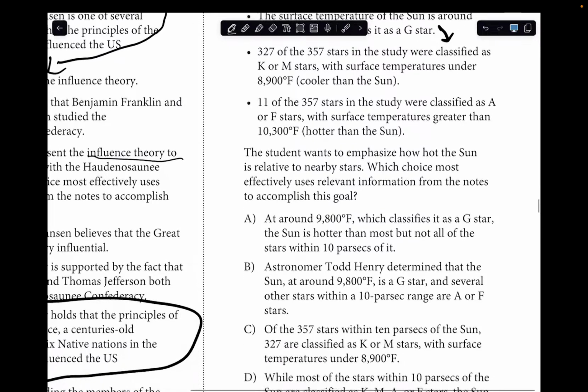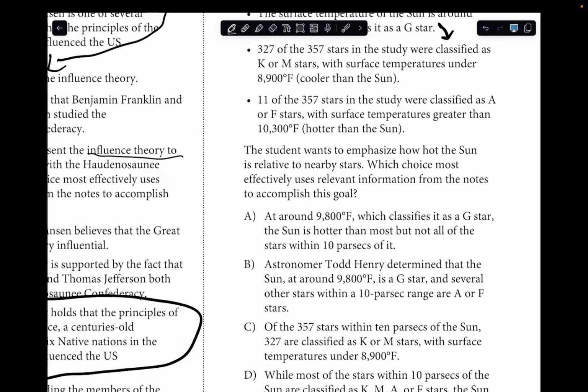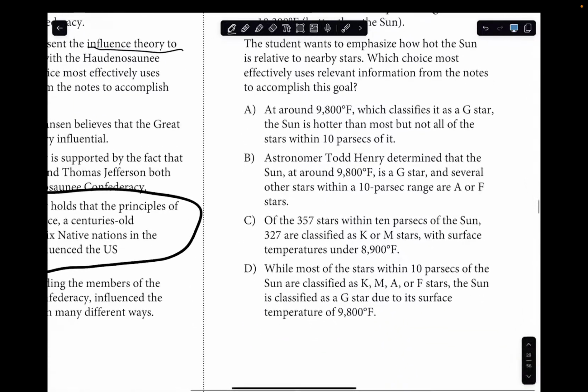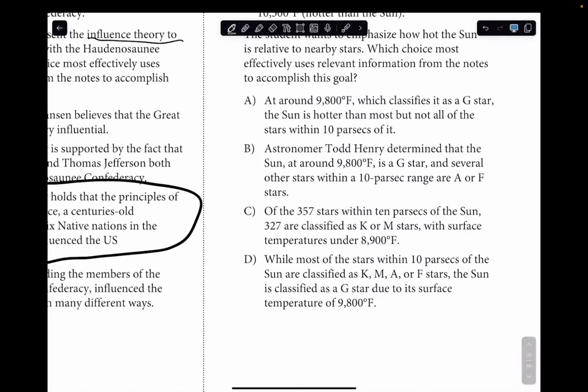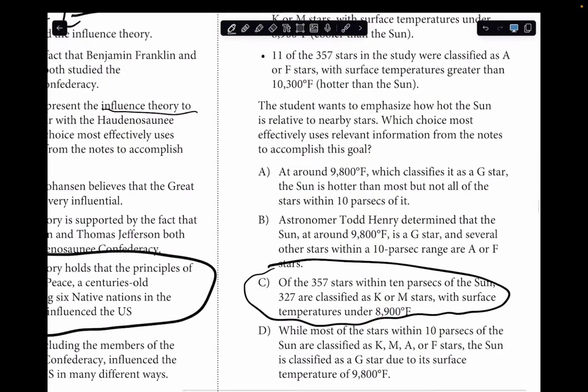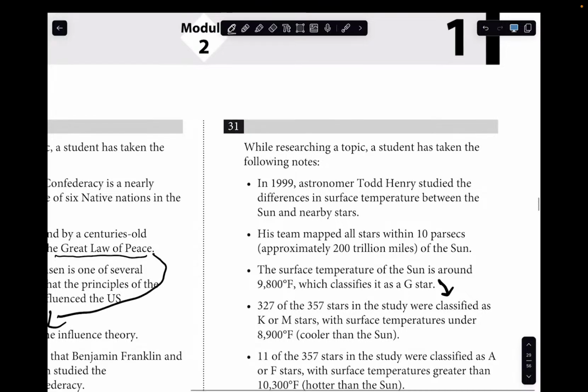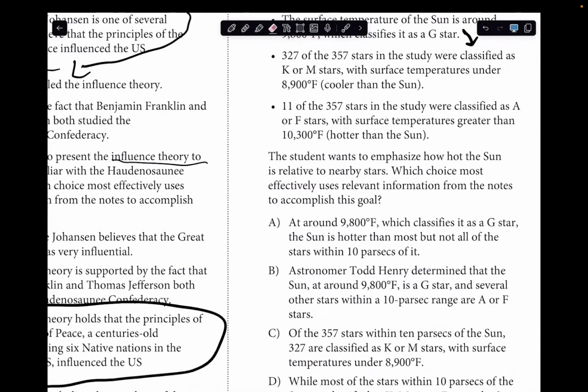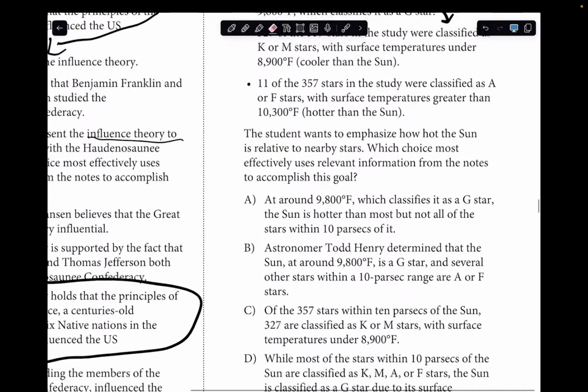Student wants to emphasize how hot the sun is relative to the nearby stars. So I've got to have a comparison there, right? Like I need part versus whole. Scanning these, this is the only one that I see any reference to part versus whole. And I'm wrong? Wait, 31? I'm wrong. So why did they say A? So, wait, okay. Student wants to emphasize how hot the sun is relative to nearby stars.